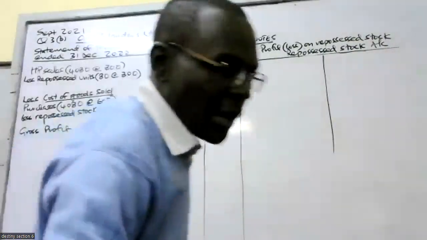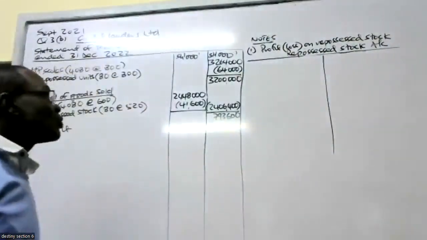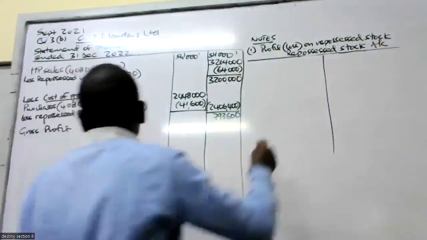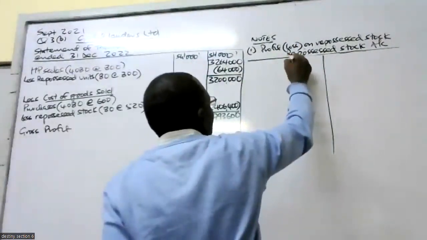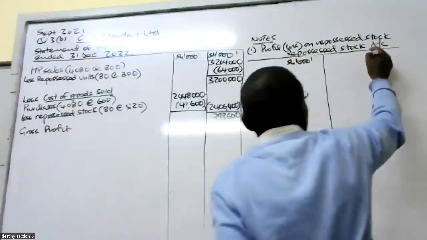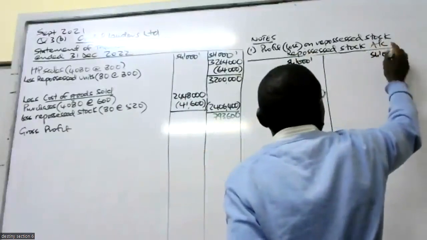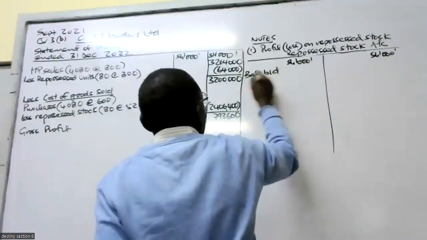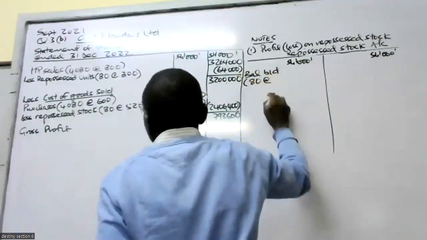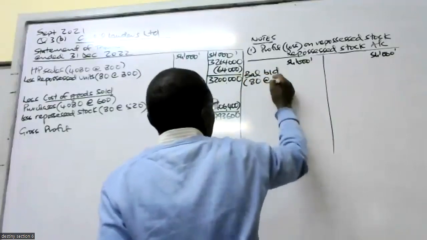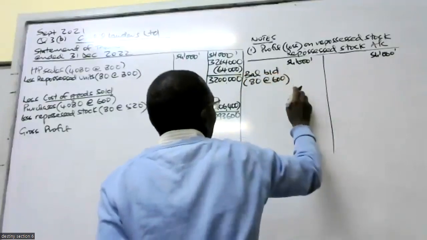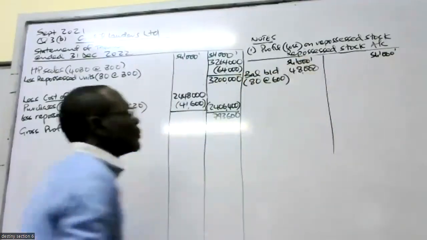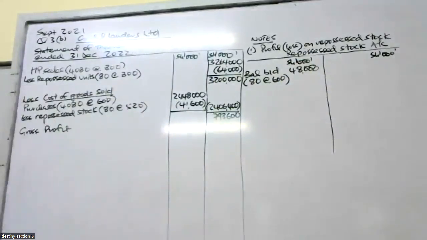First of all, the opening balance in that account will be the cost of the 80 units. So our balance brought down would be the 80 units, but what was the cost? The cost was 600. So that's 48,000. That was the cost of the units.